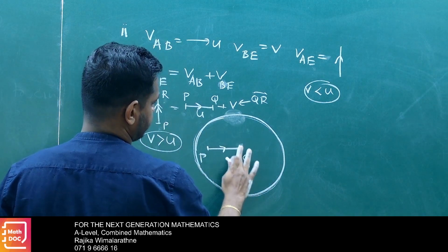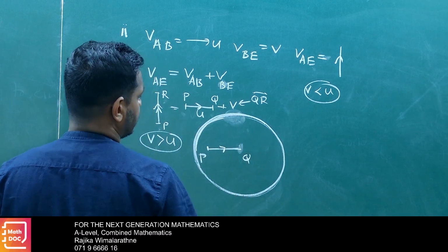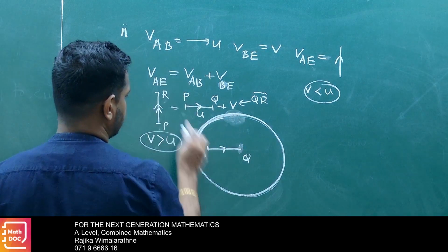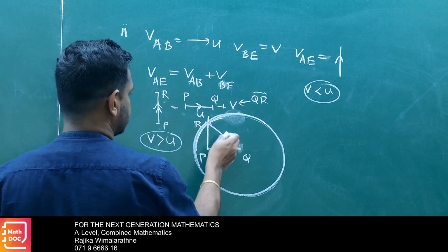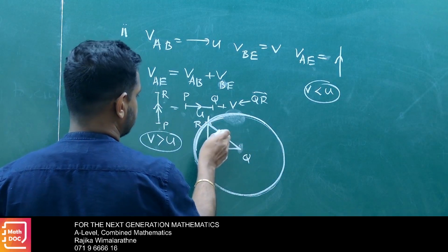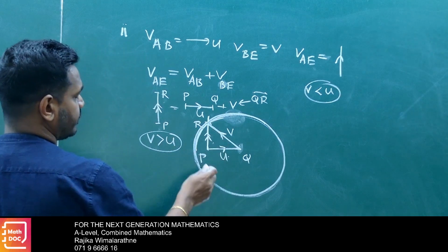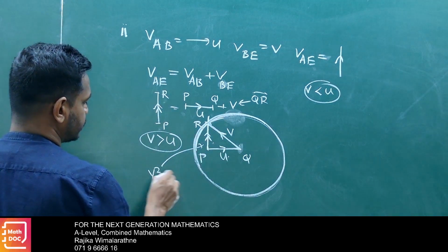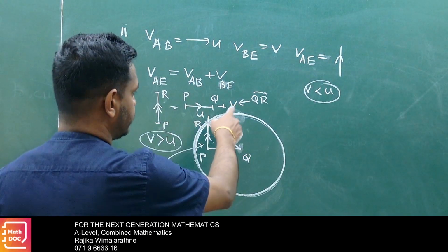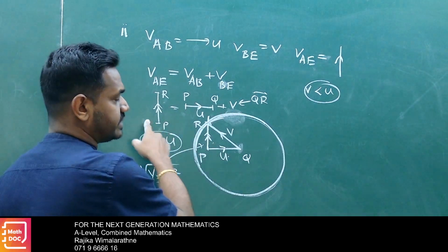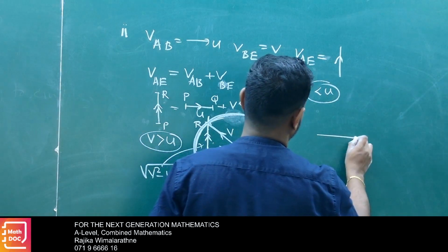Q will be the center. Now PR, here this direction. Then we have the R possibility here. Here the radius of the circle is V, here this is U. Then we can find this one, that is the square root of V squared minus U squared. Then we know the direction for this and the magnitude for this. We know everything.